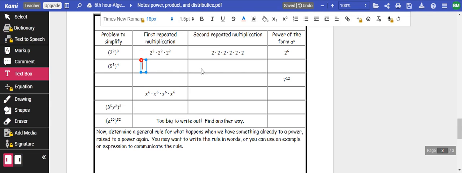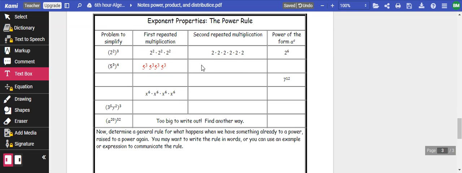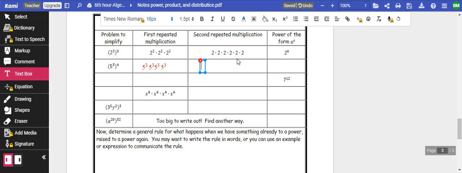So this would be 5 to the 3rd, and then 5 to the 3rd, and then 5 to the 3rd, and then 5 to the 3rd, which is that many 5s, which would be 5 to the 12th.